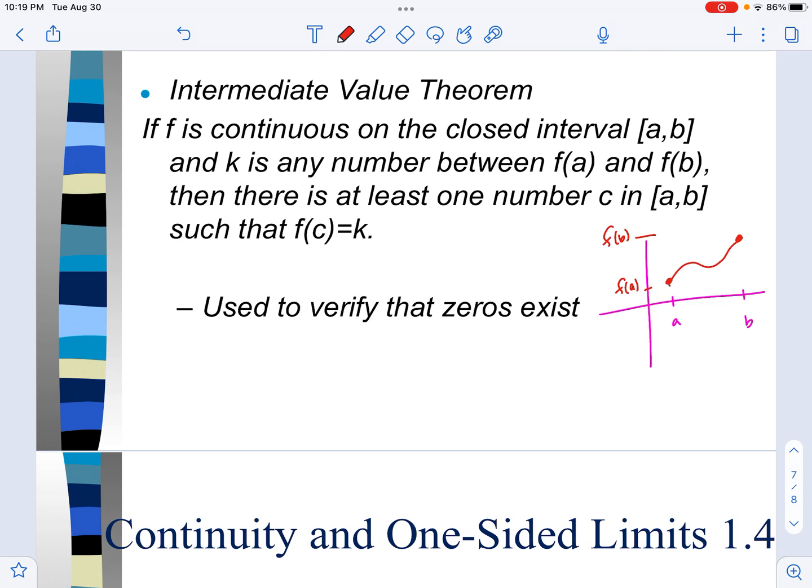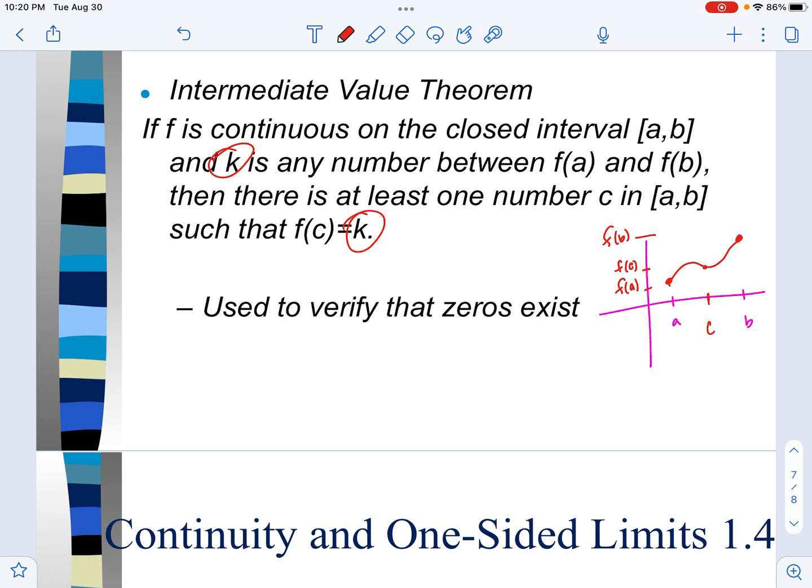So it says in that interval from a to b, there's a number k between f of a and f of b. Then there's at least one number c in between a and b. So there's some number c in between here that f of c is equal to k. So f of c would have to be somewhere in between there. So we have this point, and that would have to be in between those y values because there's some k, and they're using k here in between.